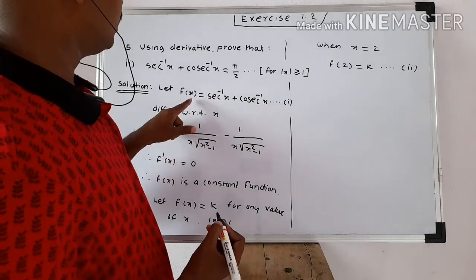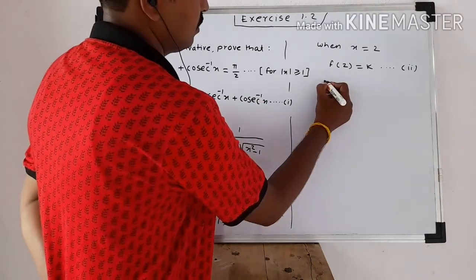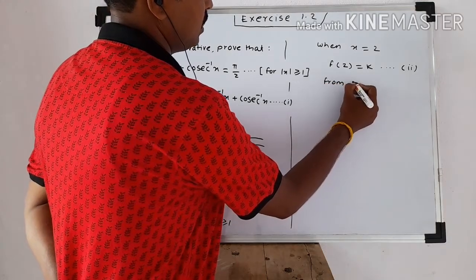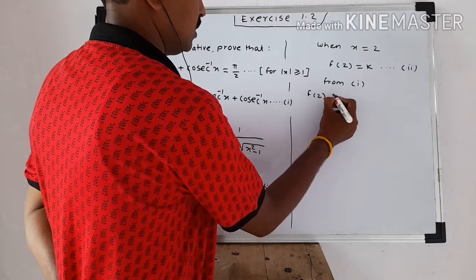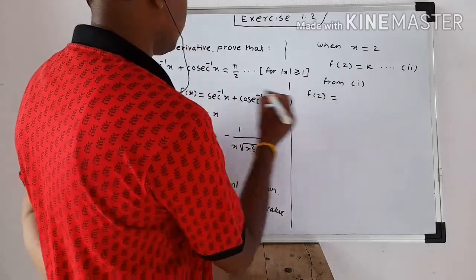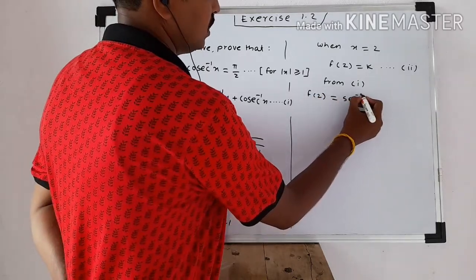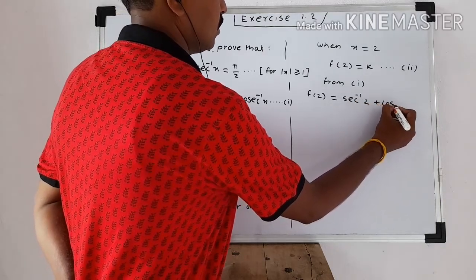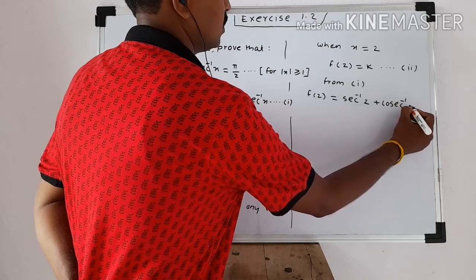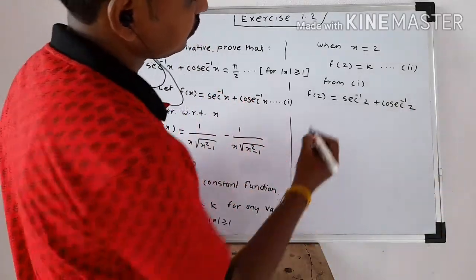Now when we substitute this value in equation 1, from equation 1 we get f of 2 equal to sec inverse of 2 plus cosec inverse of 2.